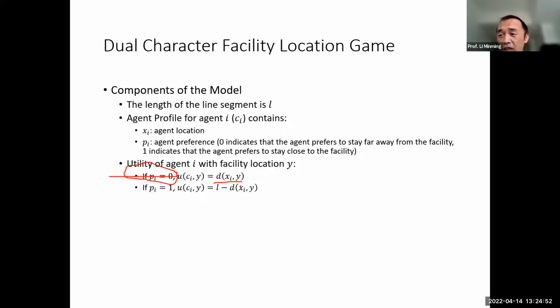Here we are using utility, whereas earlier we used cost. Utility means the larger the better; I want to get higher utility. If some people like the facility, then the utility will be the length of the interval minus the distance. That means if you are very close, my utility is large, right?